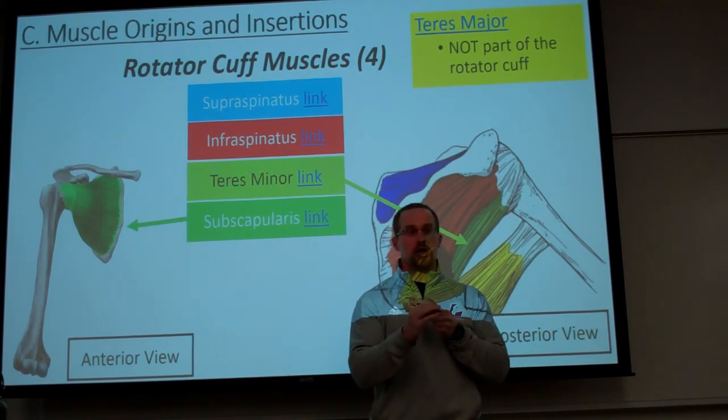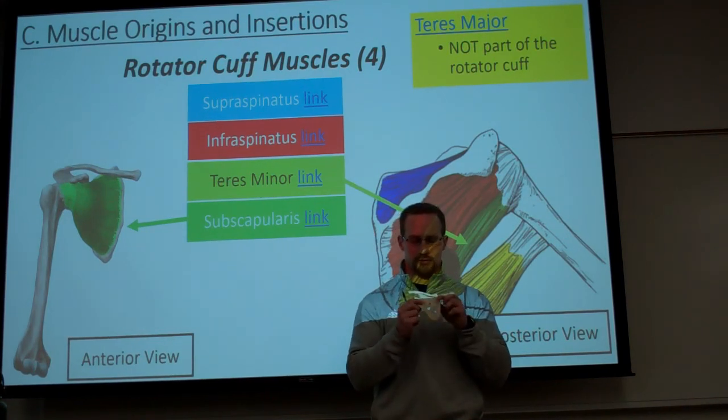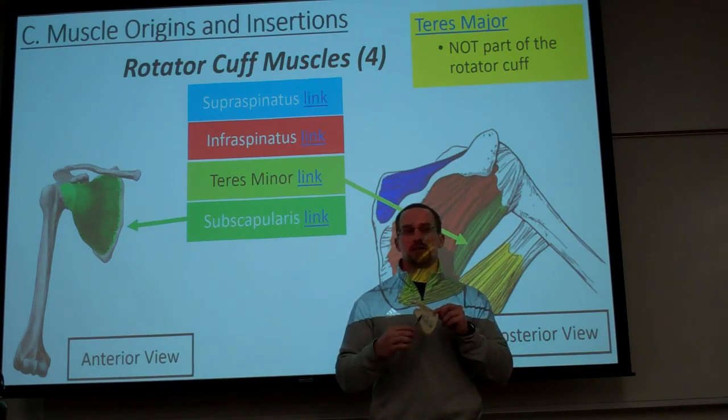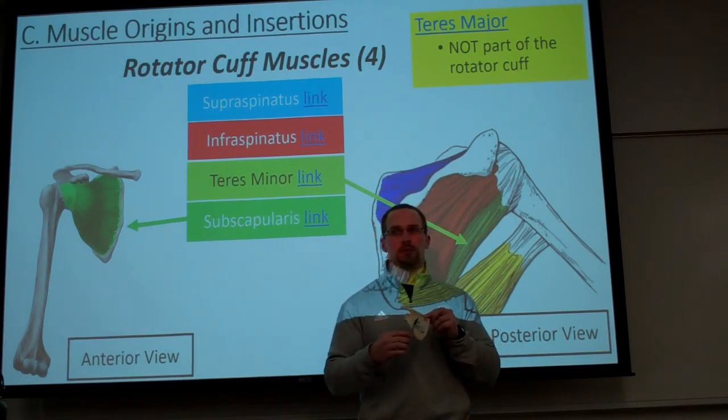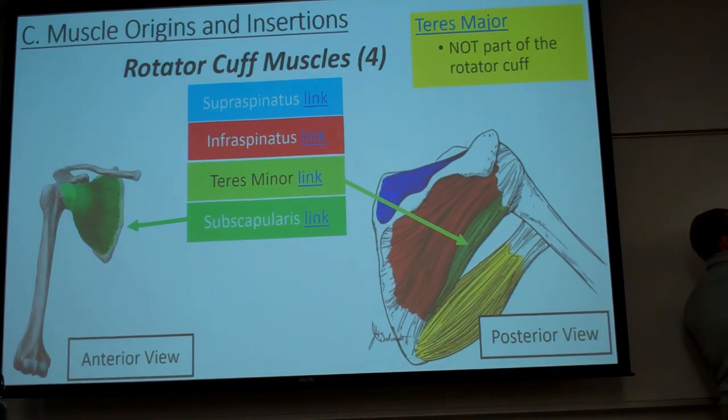Supraspinatus is going to originate at the supraspinous fossa, which we talked about a couple of weeks ago. Below that, the infraspinous fossa, that's the origin for the infraspinatus. So these 3 here, these tell you exactly where the origin is going to be.